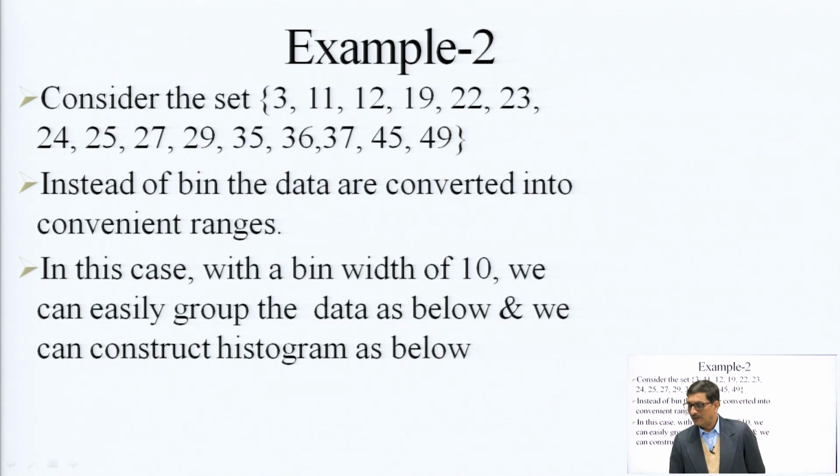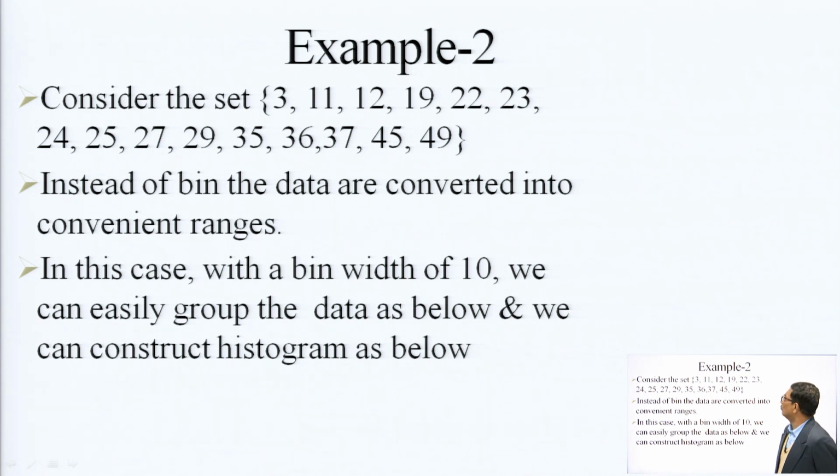For example, consider the data set 3, 11, 12, 19, 22, 23, 24, 25 up to 49. Here each observation is not repeated, as 45 and 49 are not repeated as in the previous example.